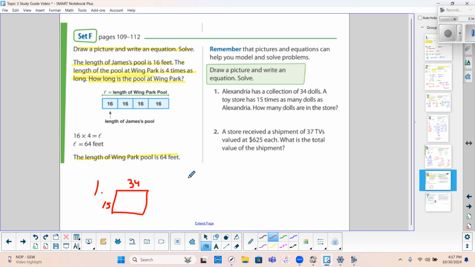So personally, this is not a good example for drawing a picture. It really isn't. Even the answer key doesn't have a picture. The earlier one was a good example, 4 groups of 16. I'm not going to draw 15 groups of 34. That's silly. I'm just going to do the math here. So 15 times 34.